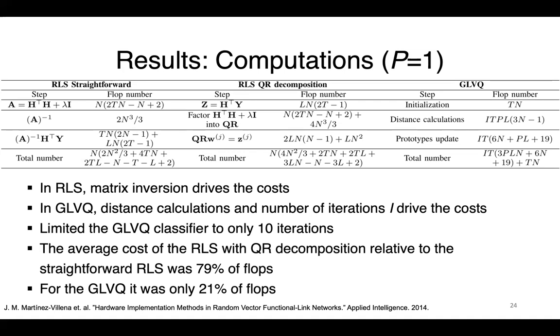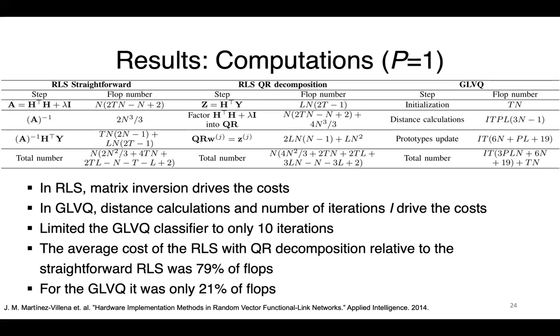So we found that the RLS classifier employing QR factorization had 79% of the computational cost of the straightforward RLS. And just in full disclosure, QR decomposition can actually be implemented with a variety of methods like Gram-Schmidt orthogonalization and such. So we chose Householder reflections.